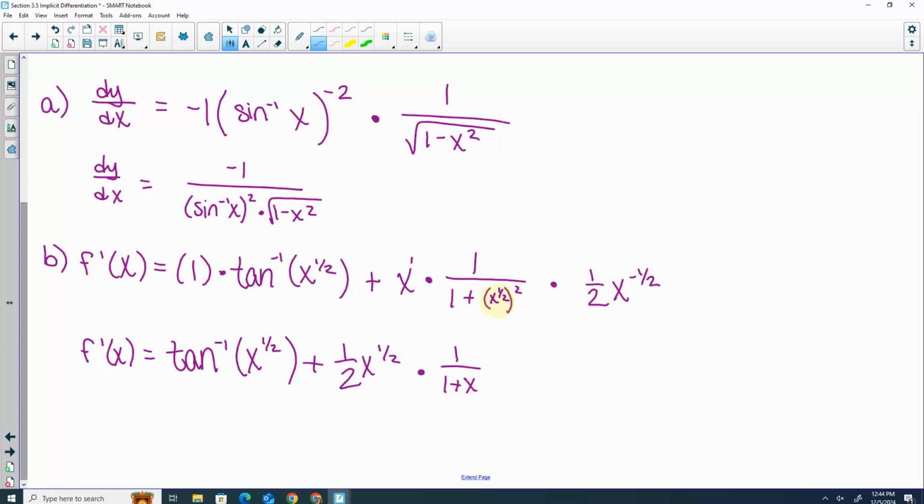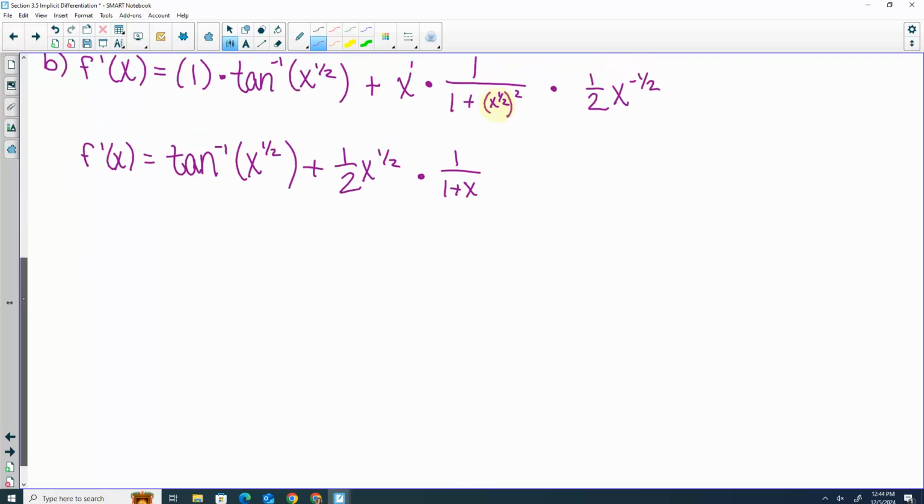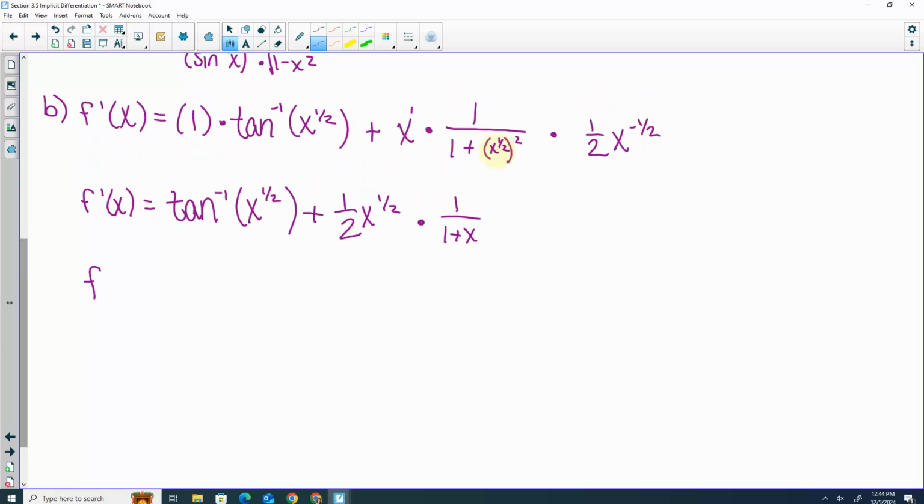So really, all we could do to finish this is tangent inverse of x to the 1/2 plus, if we wanted, we could make one big fraction here. We have an x to the 1/2 on the bottom, 2 times 1 plus x.